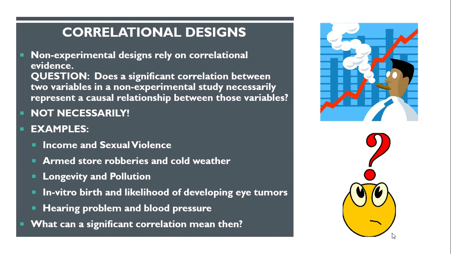If somebody comes up with an association between armed robberies and cold weather, are we saying cold weather, or a particular temperature, leads to a certain level of armed robberies? If somebody says they find a relationship between longevity and pollution, are we going to say pollution causes longevity? So all these examples show us that even if we find correlation, it doesn't mean there is a causal relationship.